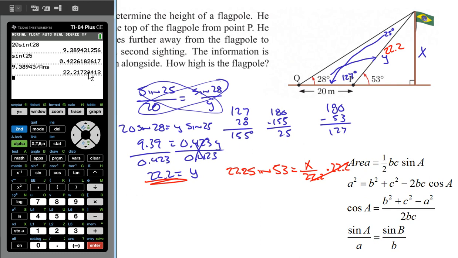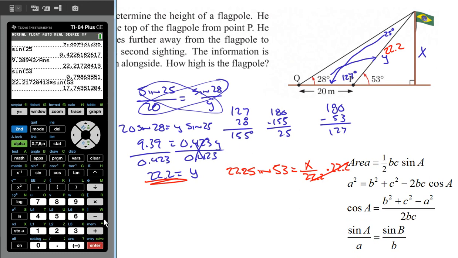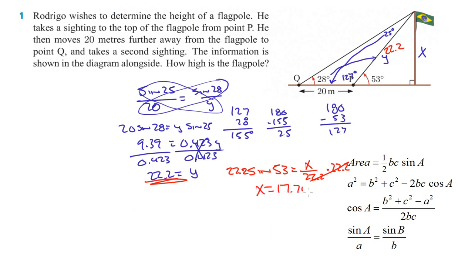So 22.2, which we already have unrounded in there, times sine 53 will tell us what x is. Now we're in business, 17.74. So it is 17.74 meters tall.